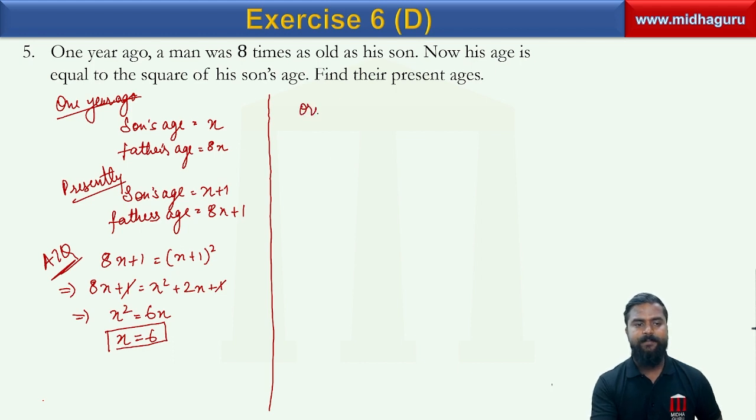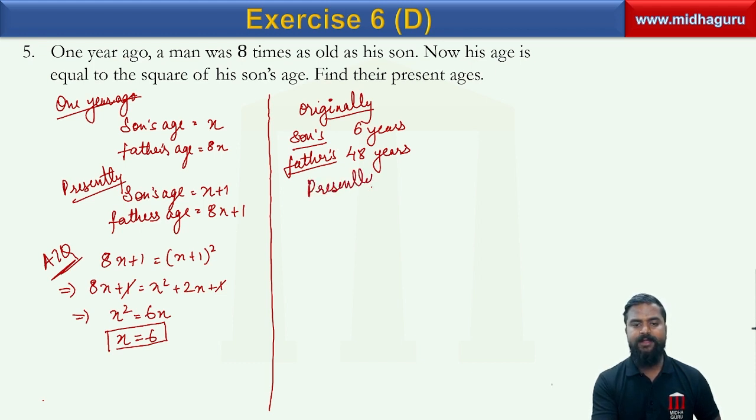So originally, that is 1 year ago, the son's age was 6 years, and since the father was 8 times, he was 48 years. This is the son's age and this is the father's age. So we have to find the present age. Presently they are 1 year older than the given ages.